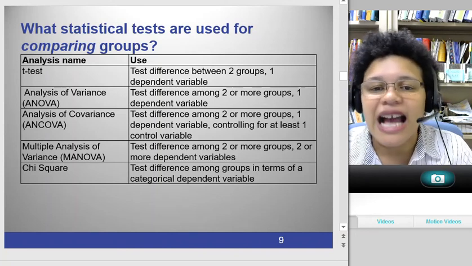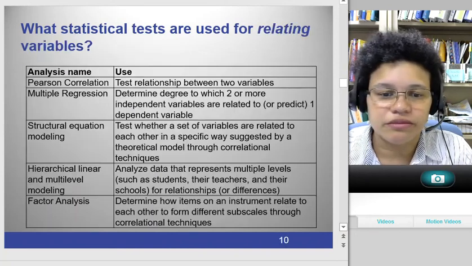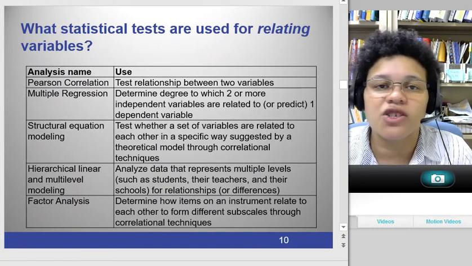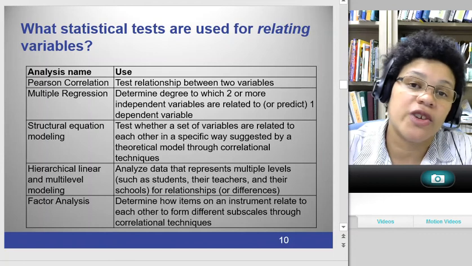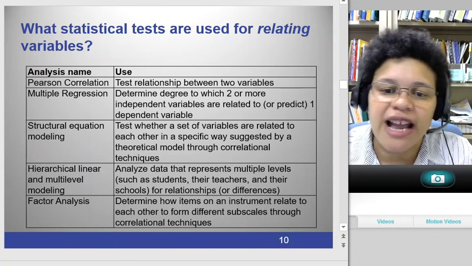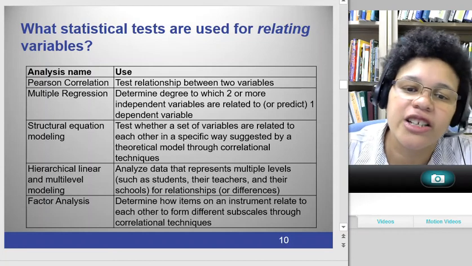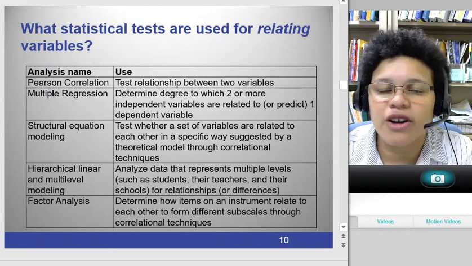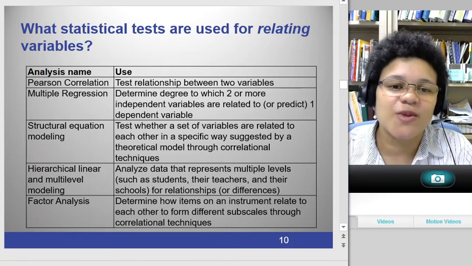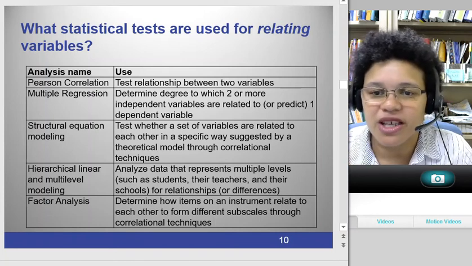There's chi-square. There's Pearson correlations. There's multiple regression, sometimes just referred to as regression, sometimes OLS regression, but the main thing is regression. There's structural equation modeling. There's hierarchical linear modeling or multi-level modeling, and there's factor analysis, which I mentioned before and am going to mention again soon.